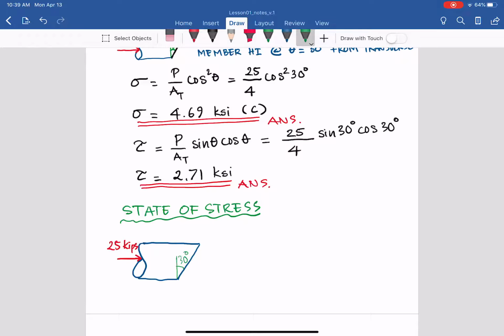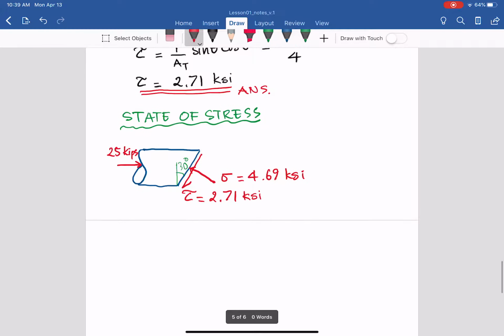Then we have the normal stress equal to 4.69 ksi compression. So we have the normal stress sigma equal to 4.69 ksi in compression, acting into the cut. And the tau, the shear stress, is parallel to the cut face. In that case, tau equals 2.71 ksi.